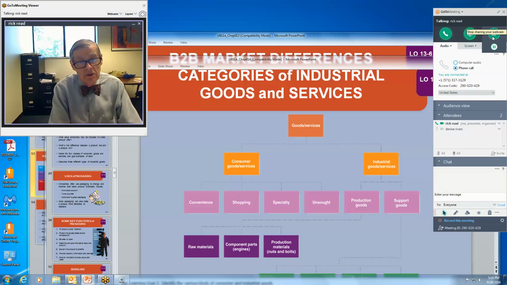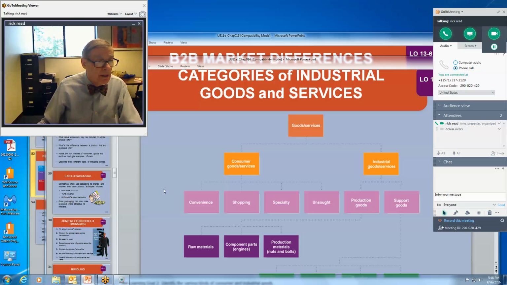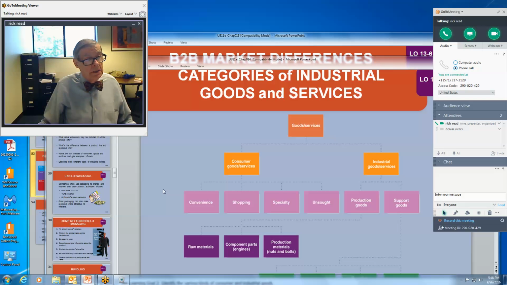And then we show industrial goods and services on the right-hand side, production goods, support goods, etc. And then down here, things like raw material, etc. And then if you look at the figure in the text, it will also give you the ancillary things like installations, accessories, etc.